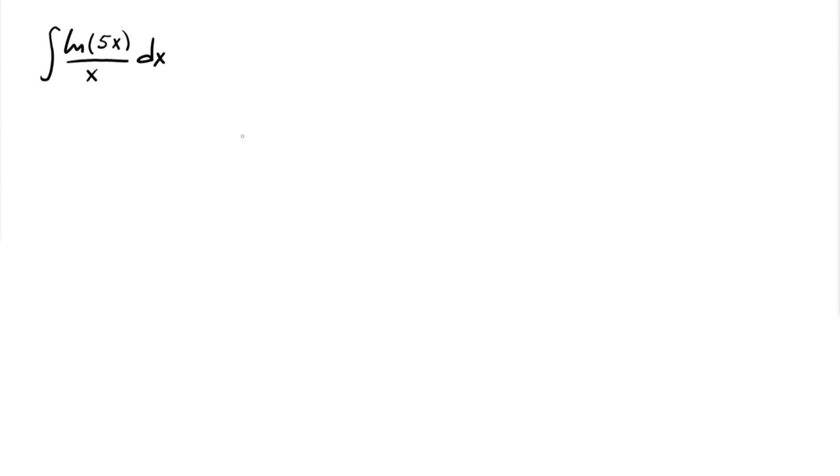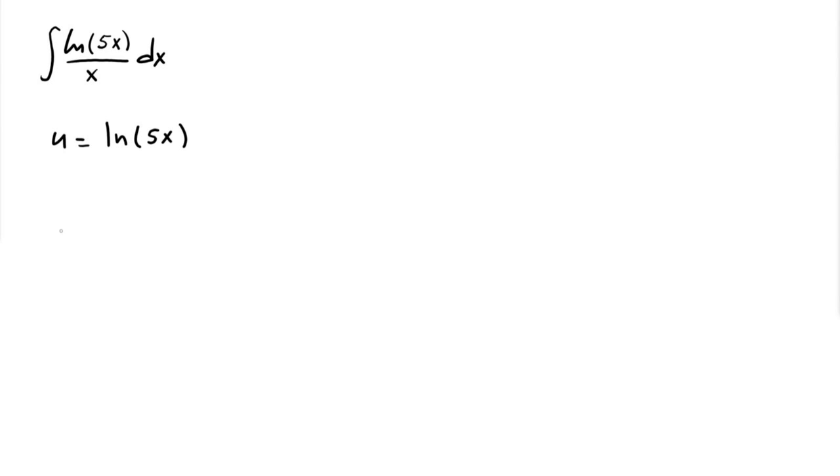You don't have a choice. You cannot antidifferentiate ln of x, not yet anyway. Because we can't antidifferentiate ln of x, we can only differentiate it, there's no thought involved here. If I see a natural log in the problem, the natural log should be my u.